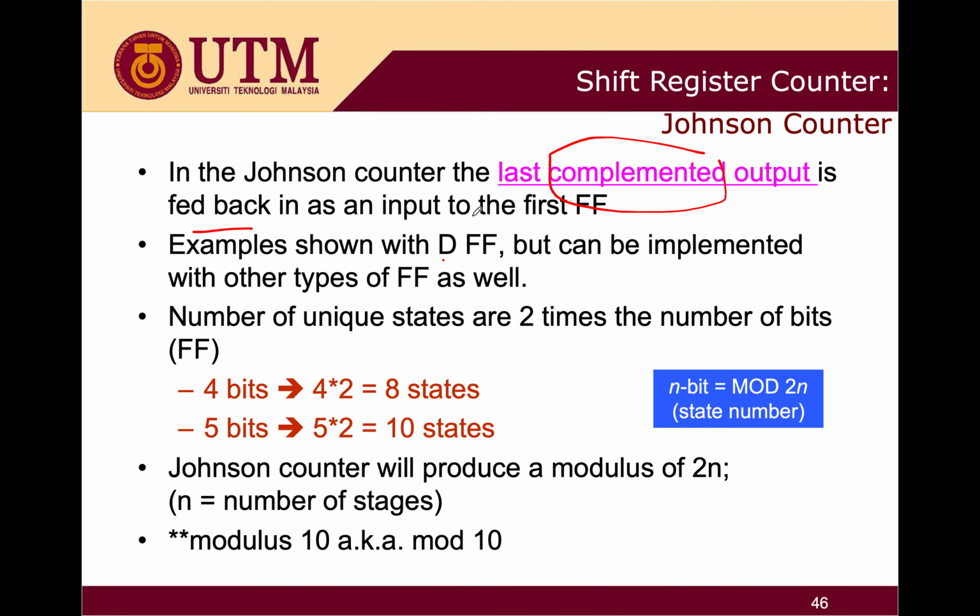The number of unique states is 2 times the number of flip-flops. So this is how it looks. A Johnson counter produces a modulus of 2n, where n is the number of stages, so for example mod 10.